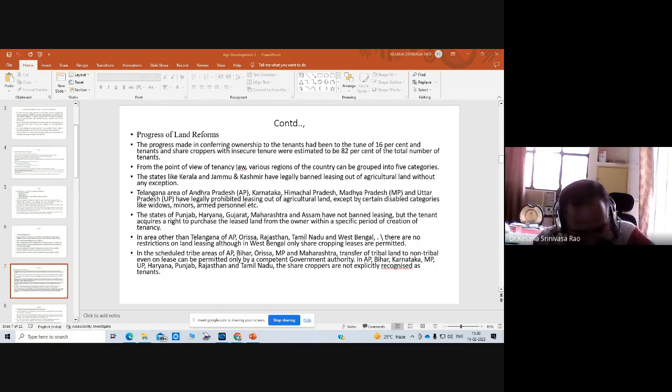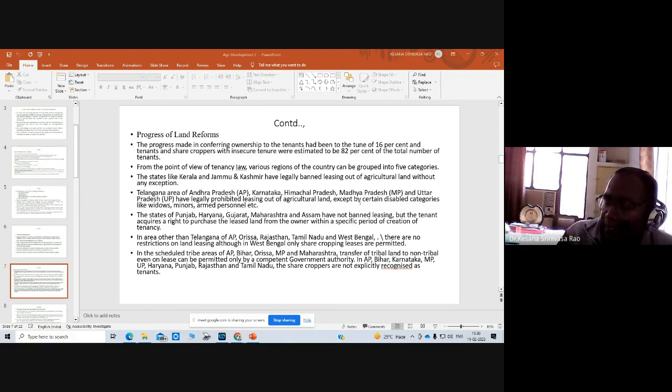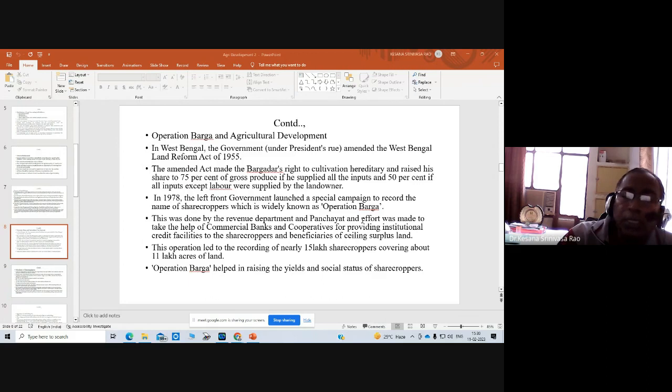That is why he may not be recognized as a tenant. The person who is tilling the land may not be recognized as a tenant. So these are the different types of tenancy reforms or tenancy laws which have been implemented in the different states of India.